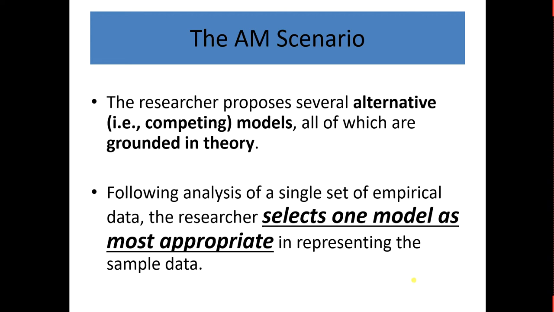One is stress and another is lifestyle. So if my assumption is that stress and lifestyle are influencing the health problems of an individual, then I will put two squares or rectangles, one for stress and one for lifestyle, and then I will draw two arrows from stress and lifestyle going to the health.